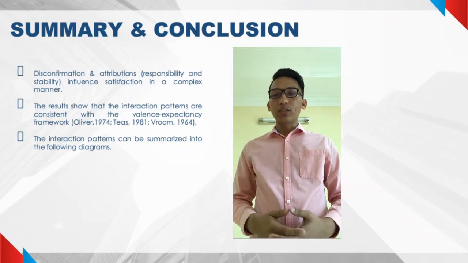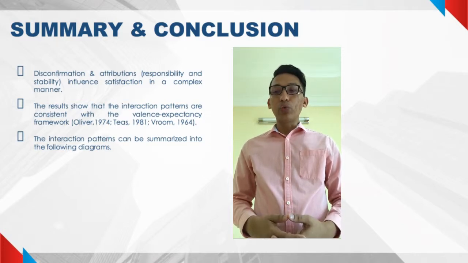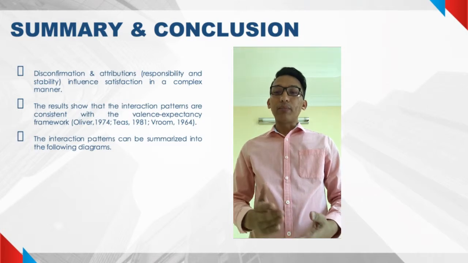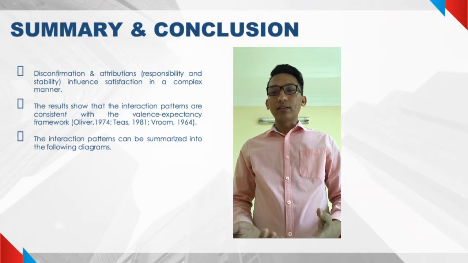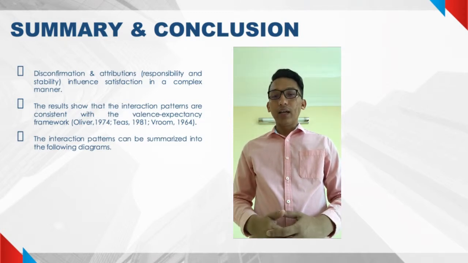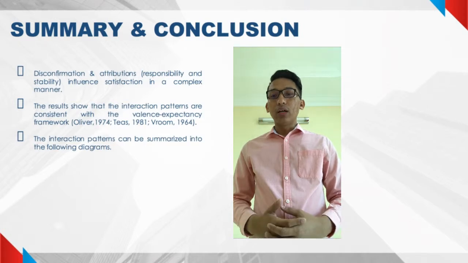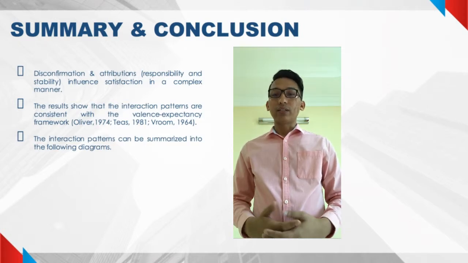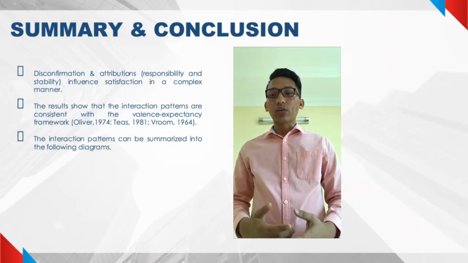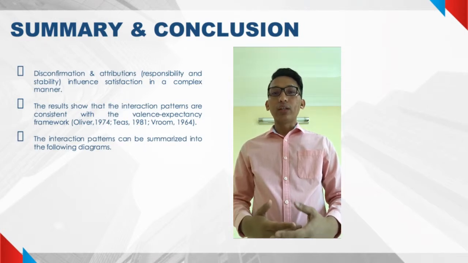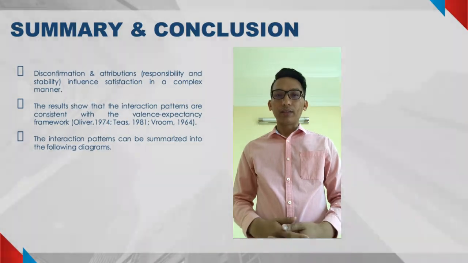It is also consistent with past studies of the three-way interaction between stability, responsibility, and disconfirmation. The finding in this article has confirmed past studies and provides a contribution to the knowledge in the satisfaction study. For illustration purposes, my colleague will continue the presentation with the diagram on the interaction patterns.